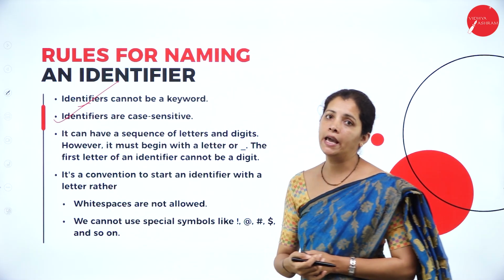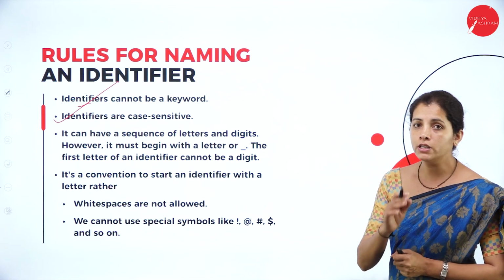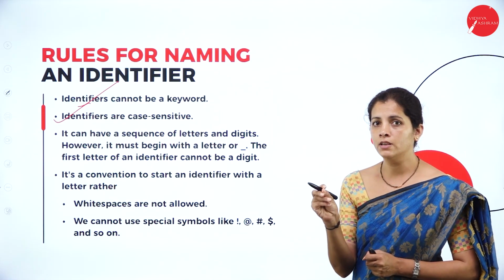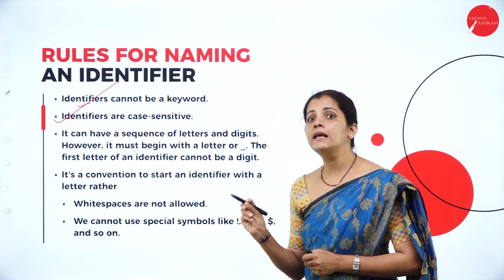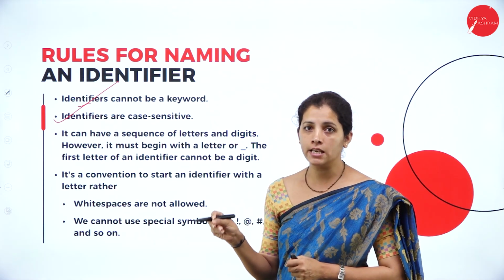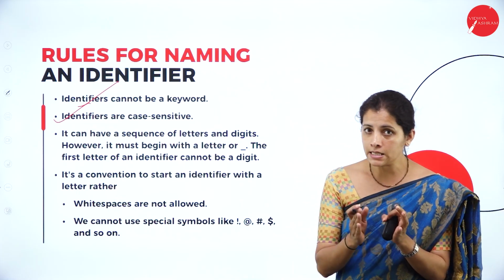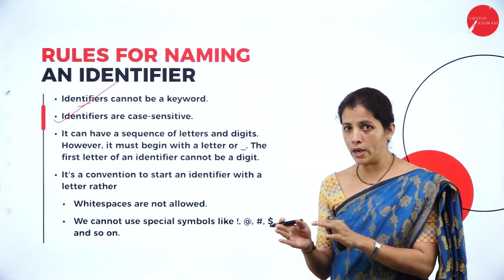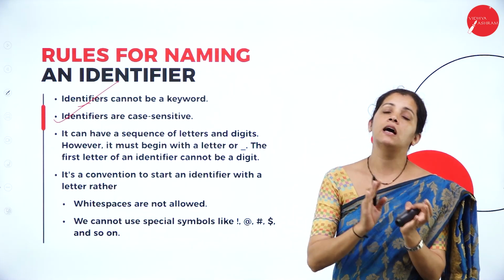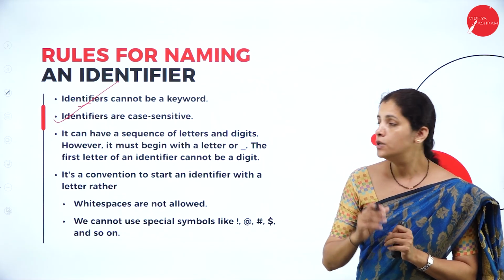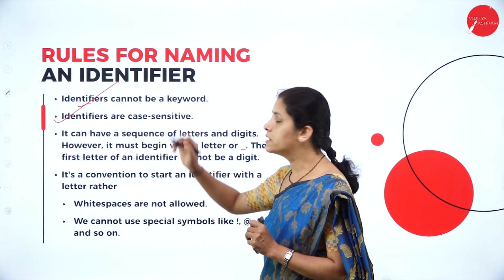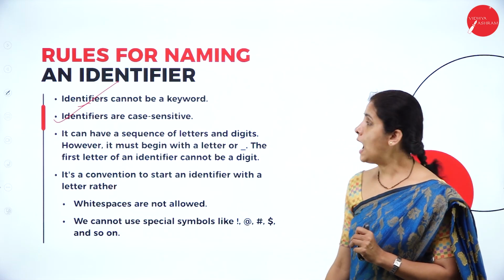Identifiers are case sensitive. So, dear student, please make a note here. The Python programming language is case sensitive. So, what is case sensitive? Here, uppercase letters are different from lowercase, and lowercase letters are different from uppercase. That is known as case sensitive.